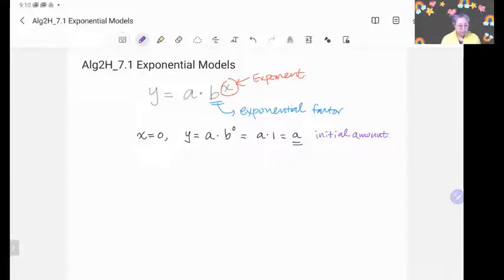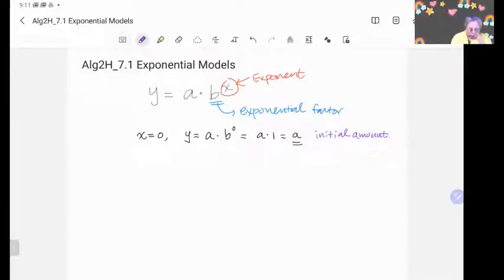One example that you see in the practice problems is depreciation. If you buy a car, it's so-and-so amount, and as time goes by, every year the price of your car will go lower and lower. That's a perfect example for us to look at the depreciation exponential model.